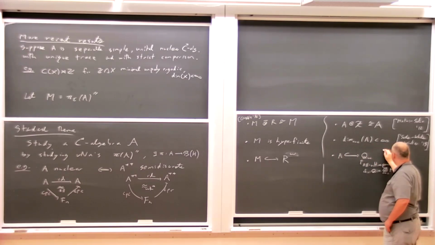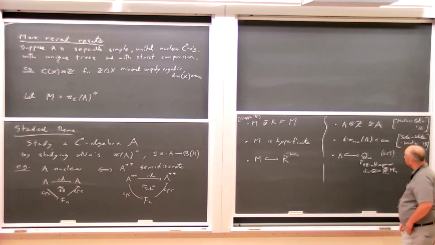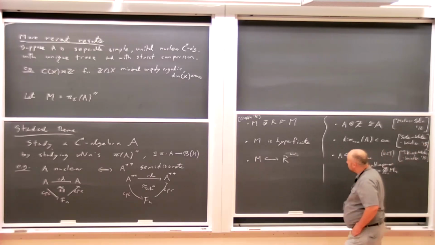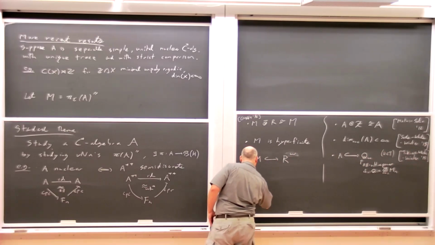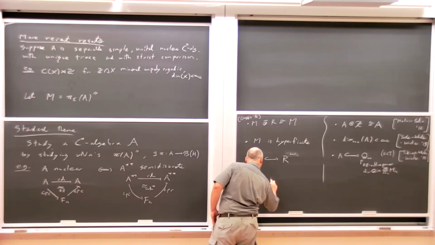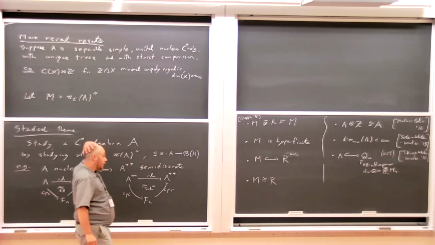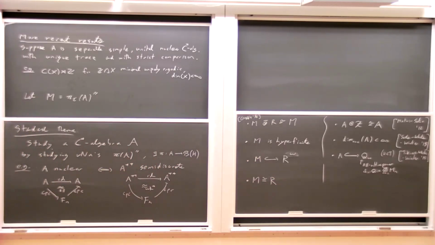This does require A satisfy the UCT. And the final one I'll say, as I mentioned several times, you take this A and complete it, it is always an injective II_1 factor, and under these assumptions, there's only one, it's R.